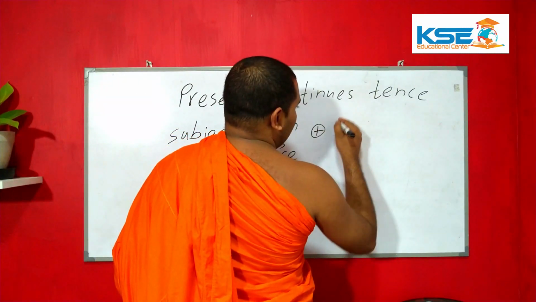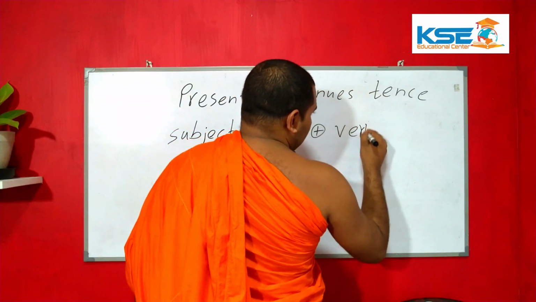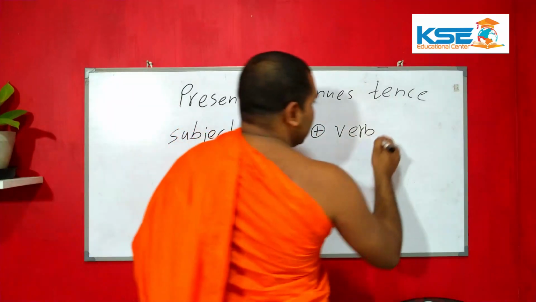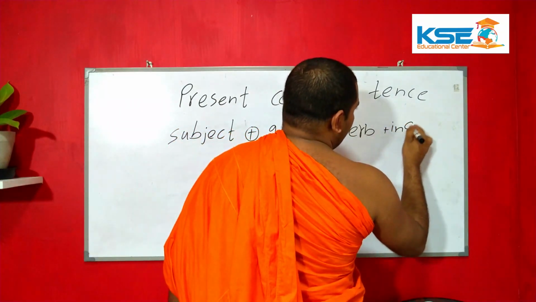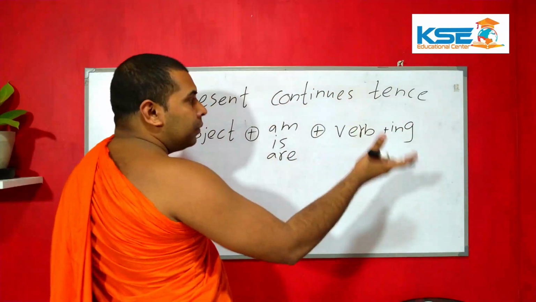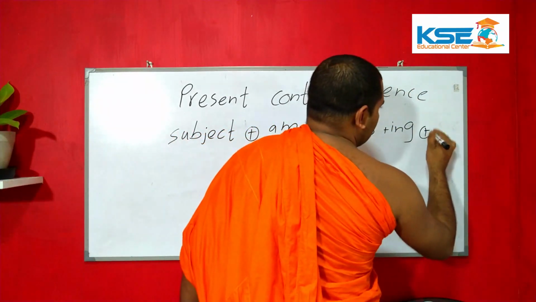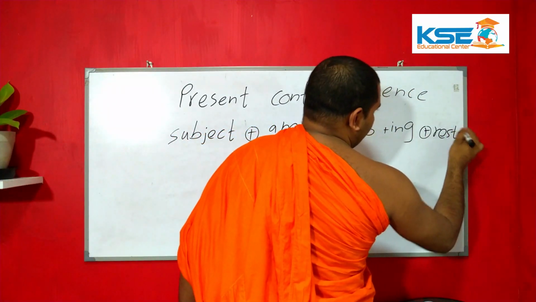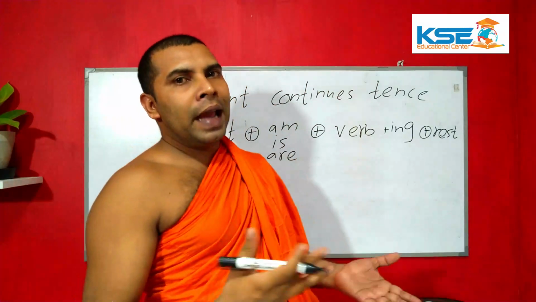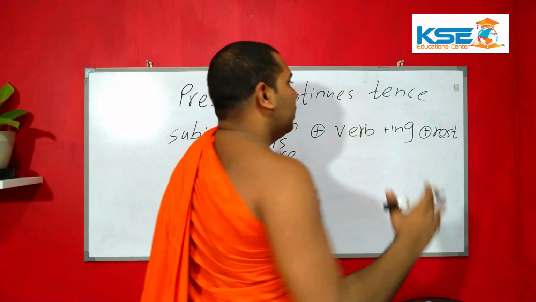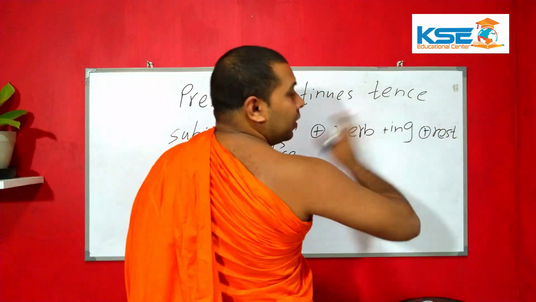The third one is the verb combined with ing. Then after that there is the rest of the sentence. There might be time, there might be dates, all the things coming after the verb.